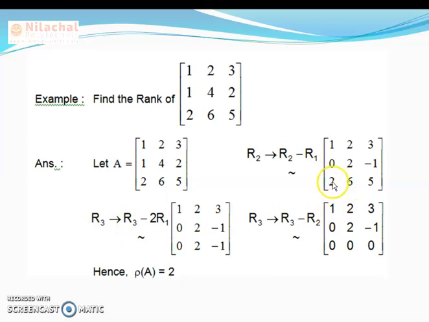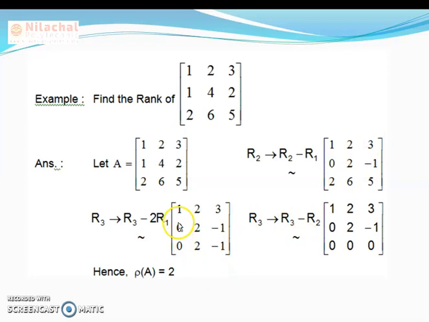Here the value is 2 but in R1 the value is 1, so you have to multiply the first row by 2 so that both elements are equal. After subtracting, the value will become 0. So you write R3 minus 2 R1. That gives 2 minus 2 equals 0, 6 minus 4 equals 2, 5 minus 6 equals minus 1.